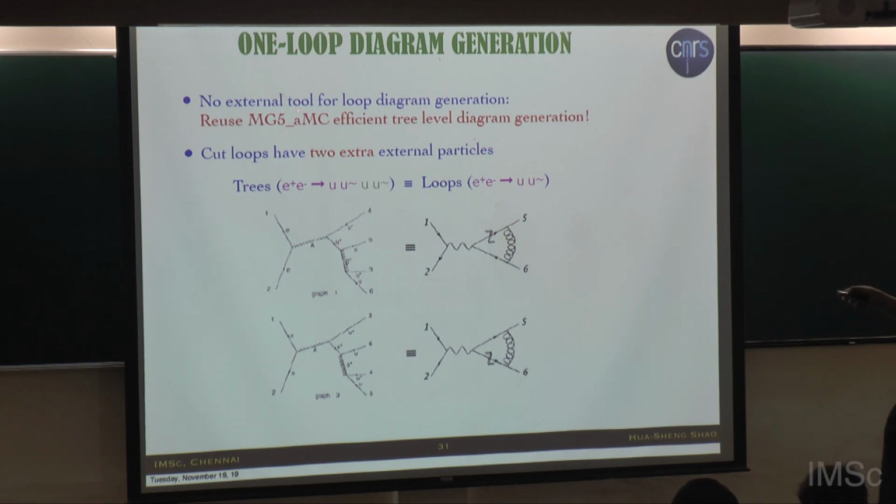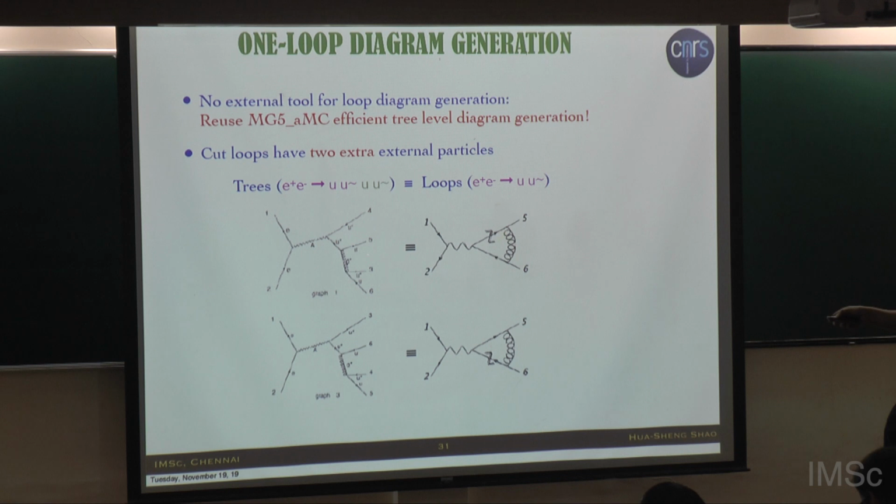So MadGraph will generate loop amplitudes and loop diagrams, but based on the tree-level diagram generation architecture. The basic idea: if you want to look at e+ e- or whatever, say u u-bar to ZZ going to q q-bar, how do you do e+ e- to u u-bar? I just cut one loop leg, then I come back to my tree amplitude. So I can use the MadGraph tree amplitude generation to construct my loop amplitude.